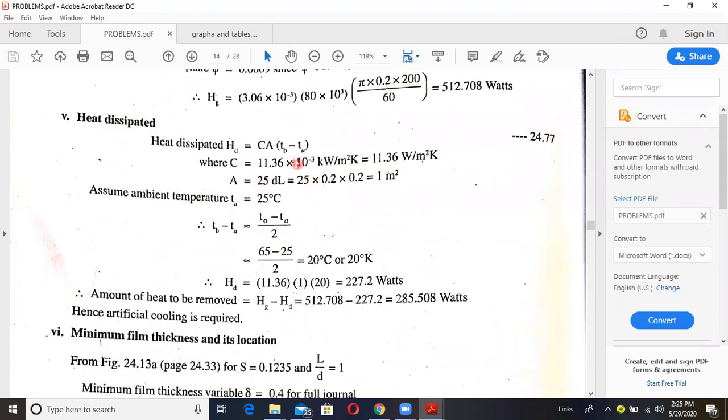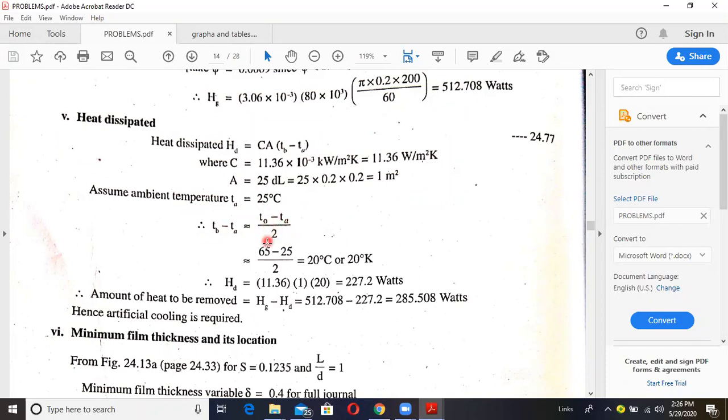Again here, we don't know the bearing temperature, we don't know the ambient temperature. So in order to calculate that, we are going to assume the ambient temperature. To calculate TB minus TA, we are assuming ambient temperature TA is equal to 25 degrees Celsius. Now once you get TA, use the formula TB minus TA is equal to T0 minus TA divided by 2.